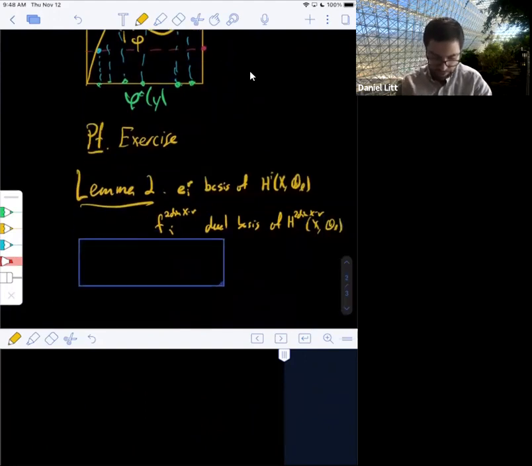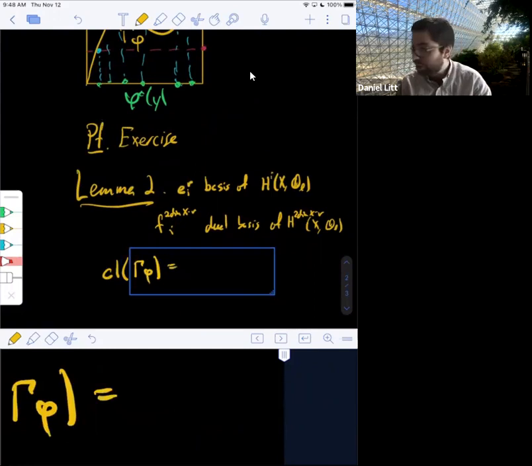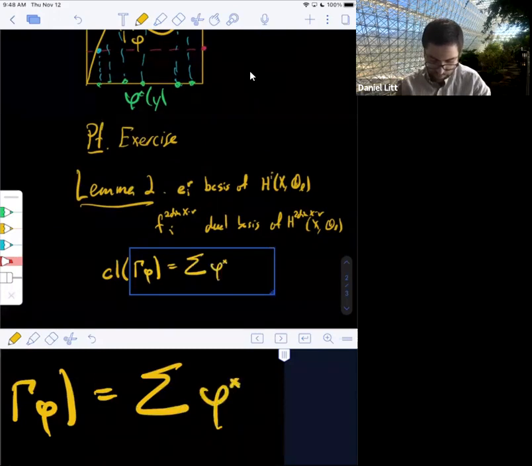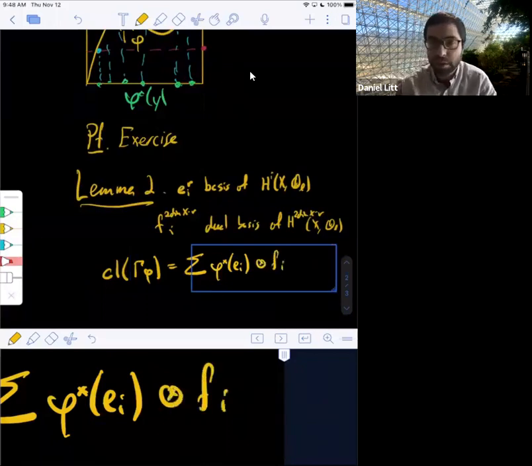So then the claim was that the cycle class of the graph of phi was just the sum of phi star e_i tensored with f_i. I'm going to suppress the superscripts if that's all right.